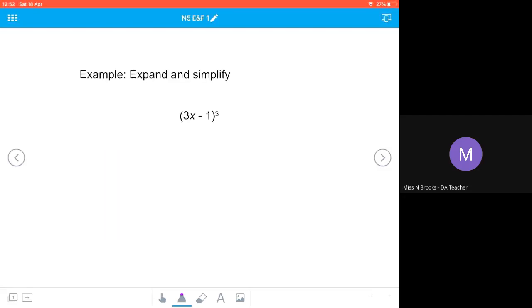Now what happens if we have something like this, 3x minus 1 cubed? So we need to remember that that cubic function means that we're rewriting it as 3x minus 1 times 3x minus 1 times 3x minus 1. So we're writing the bracket 3 times and we're multiplying it together.